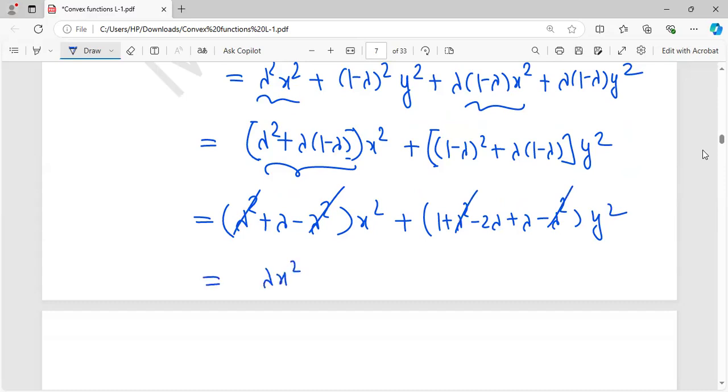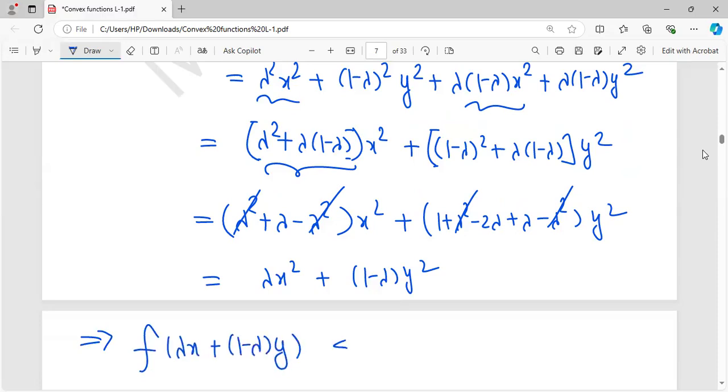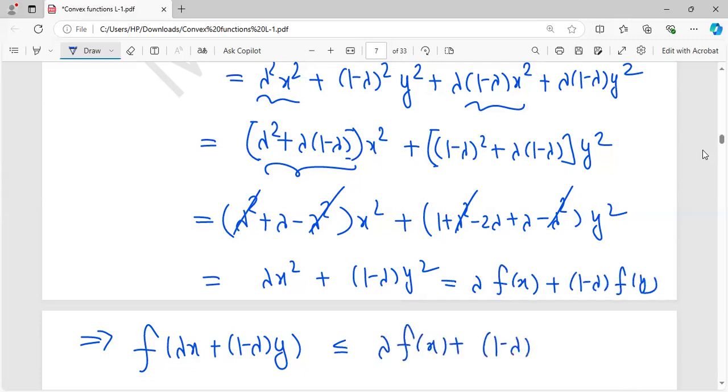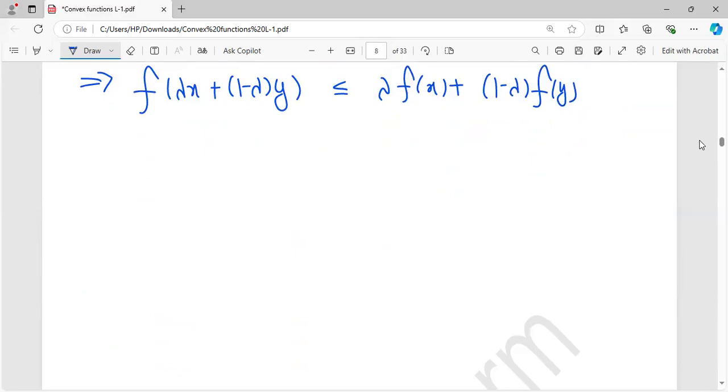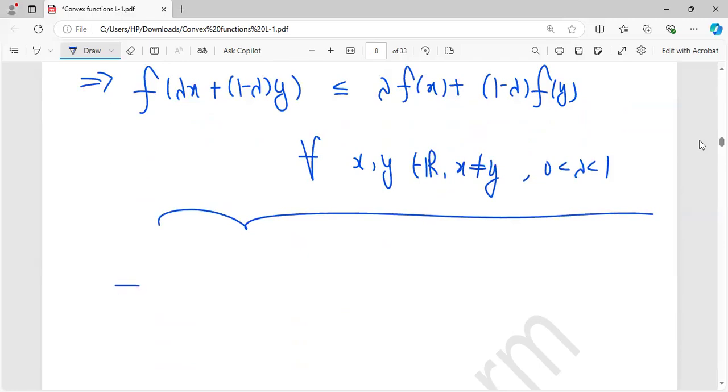And what is this? Lambda x square, and this is (1 - lambda) y square. So what we got: f(lambda x + (1 - lambda) y) is less than or equal to lambda f(x) plus (1 - lambda) f(y), for all x, y belonging to R, x not equal to y, and lambda in this range. What is the meaning of this? This f is convex.